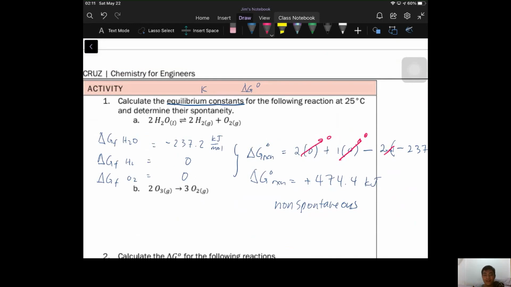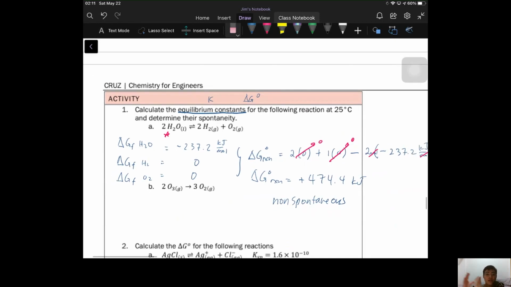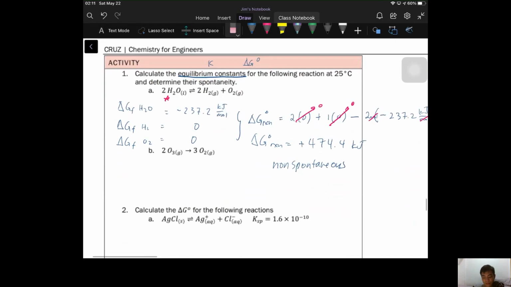You have to do something para mangyari ito. Di-discuss natin yun sa electrochem. So, hindi natin i-favor yung formation of the product because K is less than 1. So, yung water lang talaga yung mag-e-exist, not the hydrogen gas and the oxygen gas for the reaction. Okay?